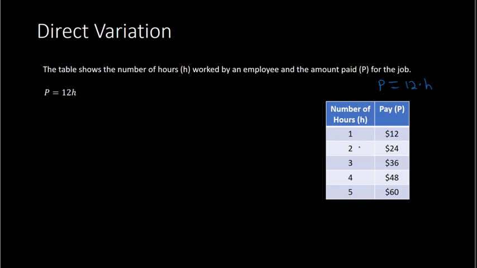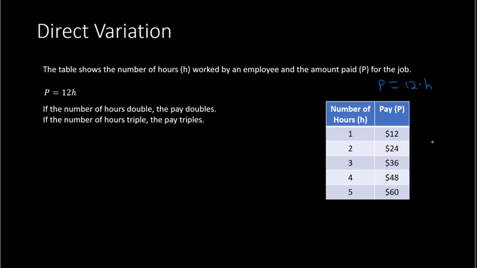And notice that if the number of hours double, the pay also doubles. So if I go from 1 hour to 2 hours, the hours double, and so does the pay. 12 times 2 gives me 24. Right, if I go from 2 to 4, 2 hours, 4 hours, my pay goes from $24 to $48. So if the number of hours double, then the pay doubles.